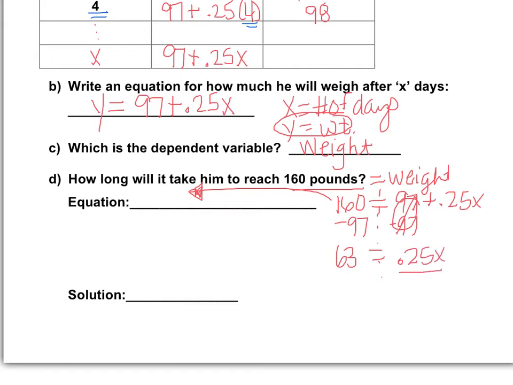So you're going to divide by 0.25. This cancels. Your x value is going to be 252. So it's going to take him 252 days to equal 160 pounds.